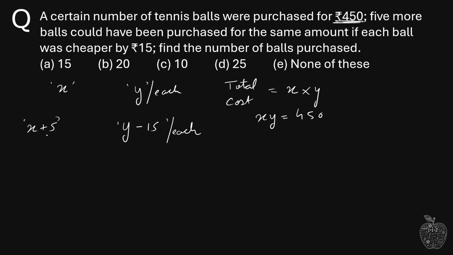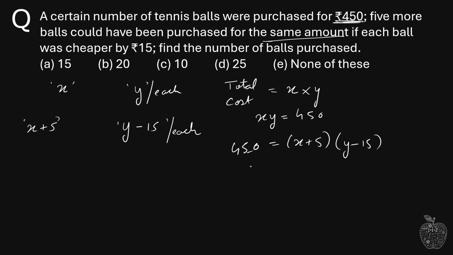So X plus 5 balls are purchased for Y minus 15 each. So the total cost becomes (X plus 5) times (Y minus 15). Now again, we are told that they are purchased for the same amount, so this total cost will again be 450 only.